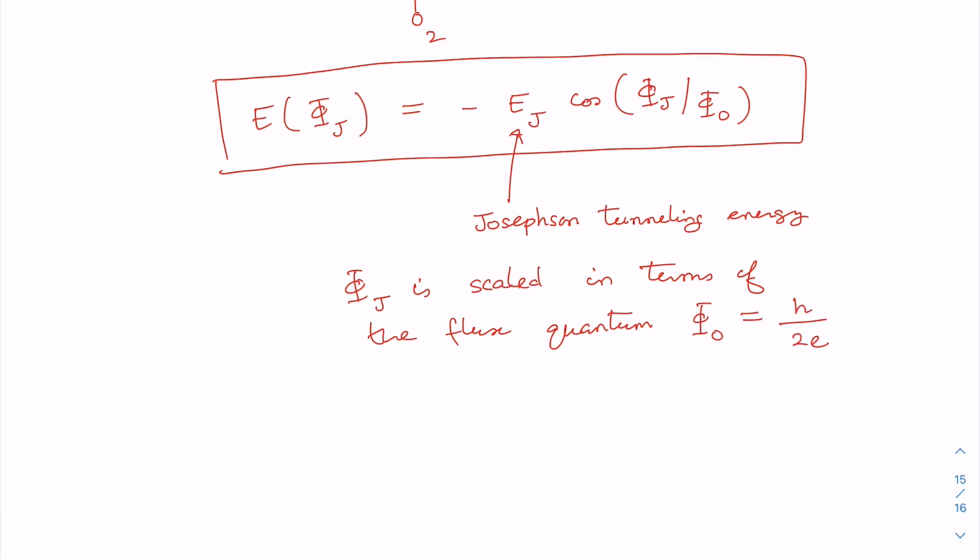Now, after having this energy function, we can write down the Hamiltonian for the transmon qubit. The circuit diagram for the transmon qubit is this. We have this capacitance and we have a nonlinear inductor now.